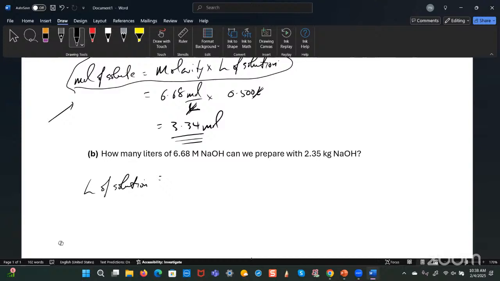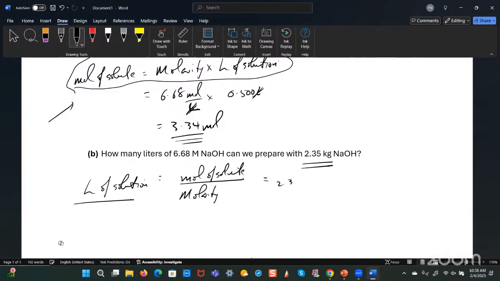Moles is equal to molarity times liters, right? So if you want to rearrange it to get the liters, that would be moles of solute divided by molarity, all right? So how do we get the moles? Hint, hint. How do we get moles?